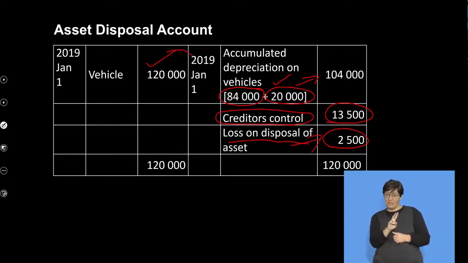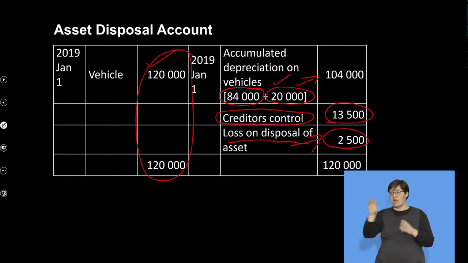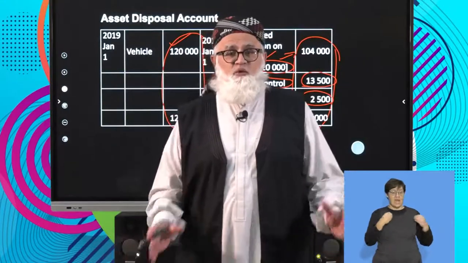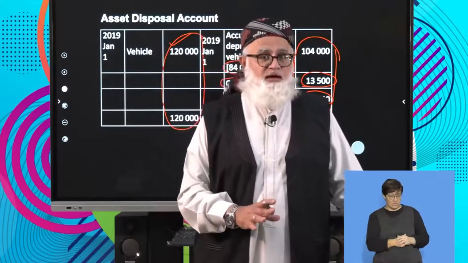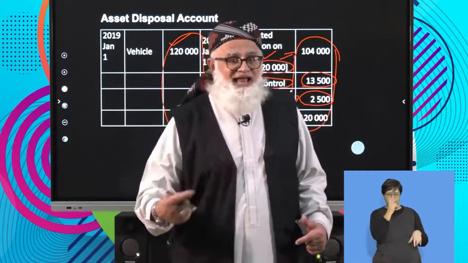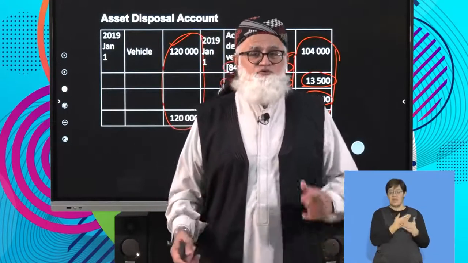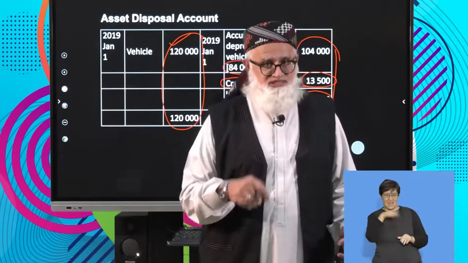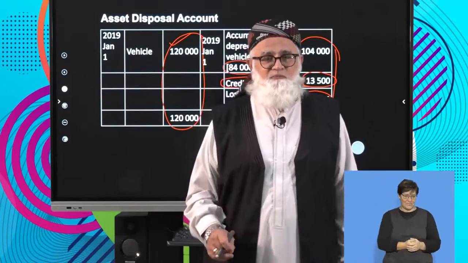Notice that both sides add up to 120,000 Rand. Okay, guys, what have we done in this segment? We've done the asset disposal account. And now we're going to do all the calculations necessary to complete note number 3. You want to know more? Stay with us. See you just now.